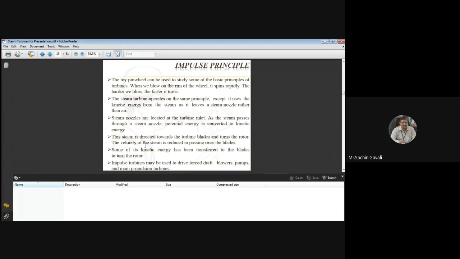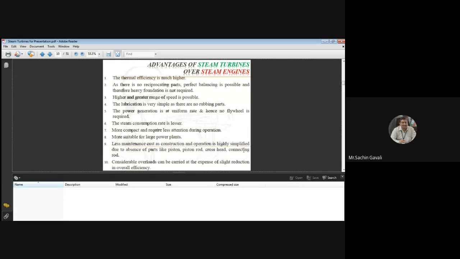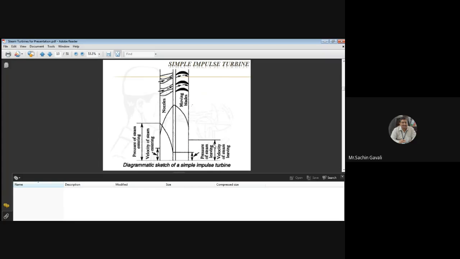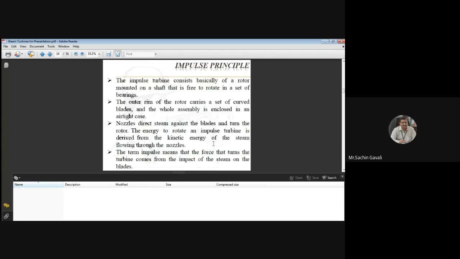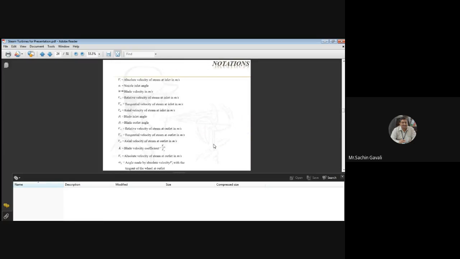So, impulse turbine. We have seen the impulse turbine, and afterwards we have seen the compounding of steam turbine.